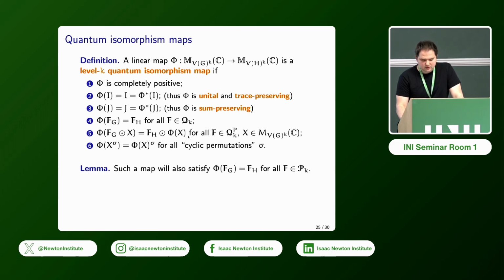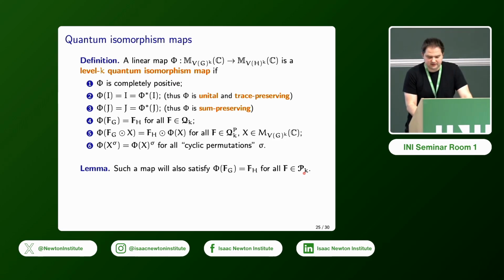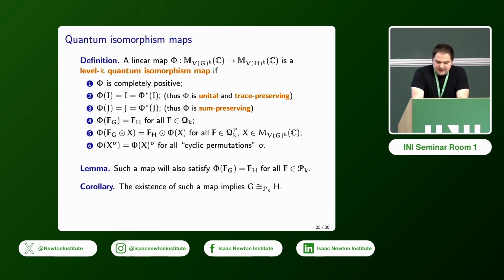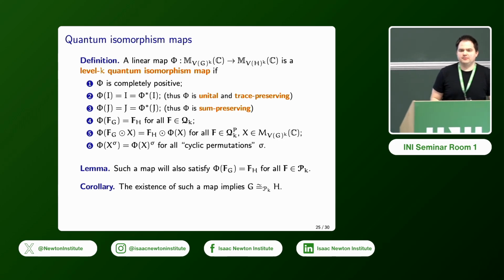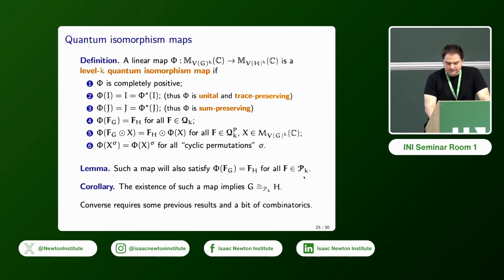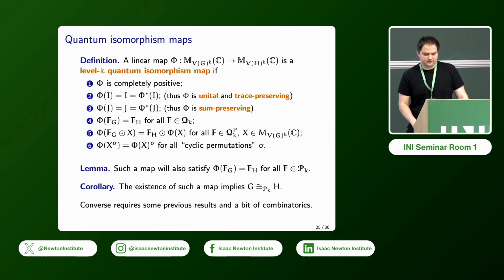And so such a map will satisfy that the corresponding matrix for a graph G is taken to the corresponding FH for all bilabeled graphs in this class that we define, this PK. And the existence of such a map implies the homomorphism indistinguishability over class PK, and there is also a converse.